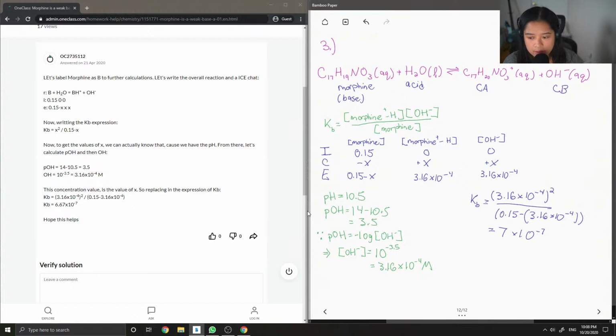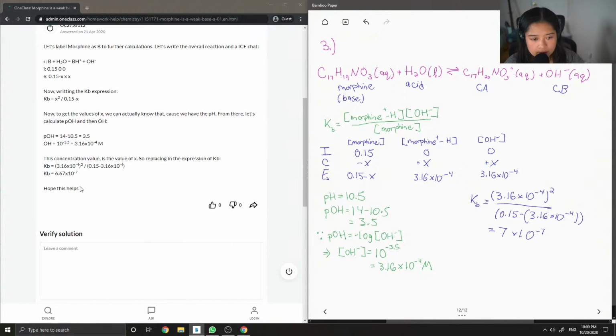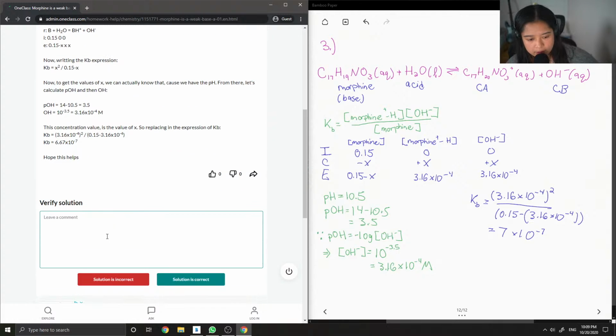Okay, so then they got 3.5 as their pOH. And then to find the concentration of their OH minus, they did 10 to the power of negative 3.5, and they got 3.16 times 10 to the negative 4. And then they subbed this value into their Kb expression, and they got the same answer. So this solution is correct.